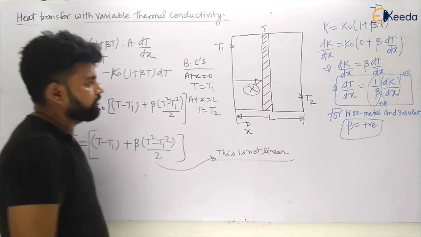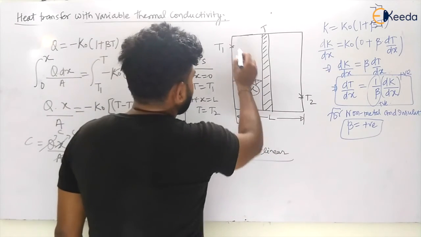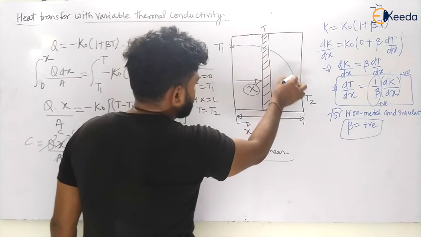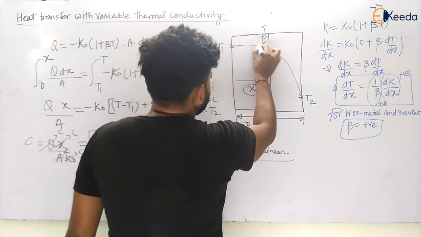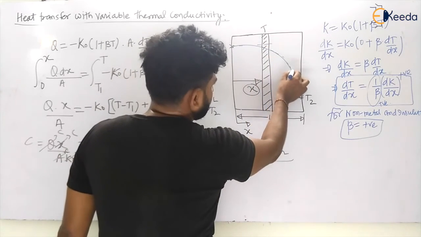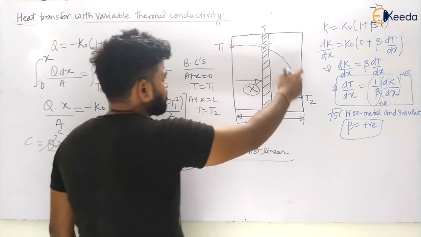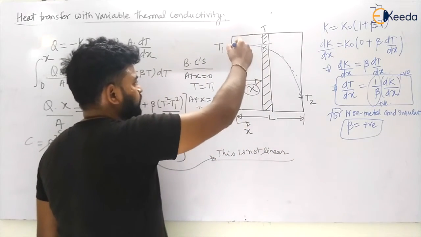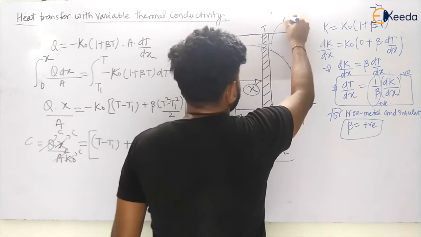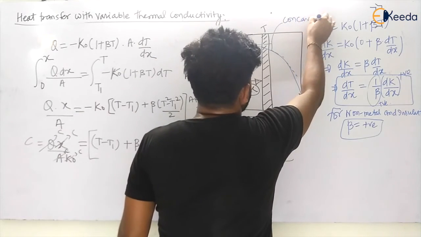So this value will be something like this. So beta is positive, dt is increasing. What kind of shape is it? This will be concave in nature.